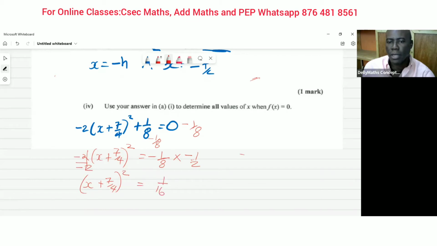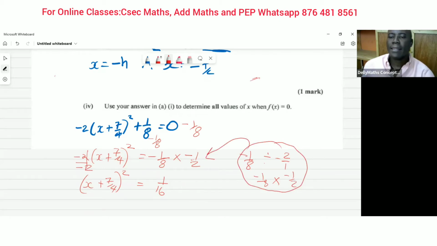So remember, -1/8 divided by -2/1 means -1/8 times -1/2. So that's what I was just saying here. So we're saying that this is that, all right?